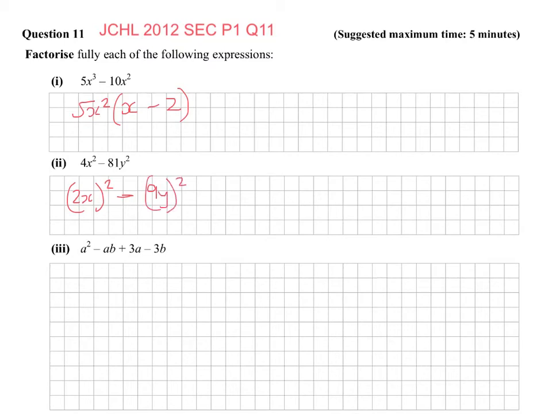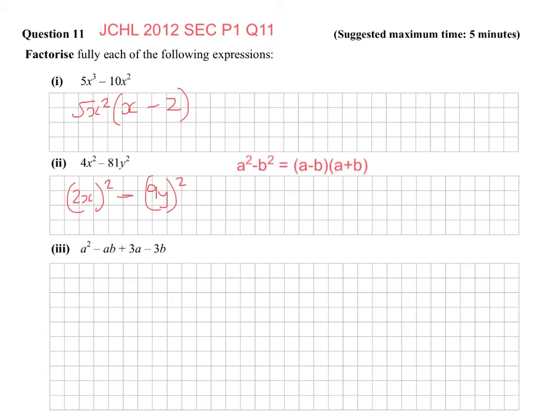So we have 9y all squared being the same as 81y squared. So now that we've understood this, and we've got two squares, literally 2x squared take away 9y squared, we can then use the rule for difference of two squares.